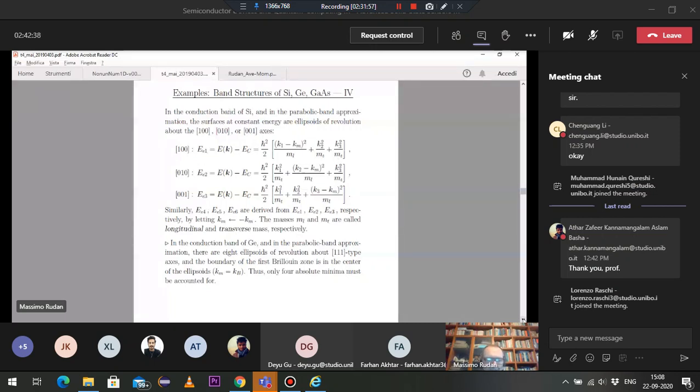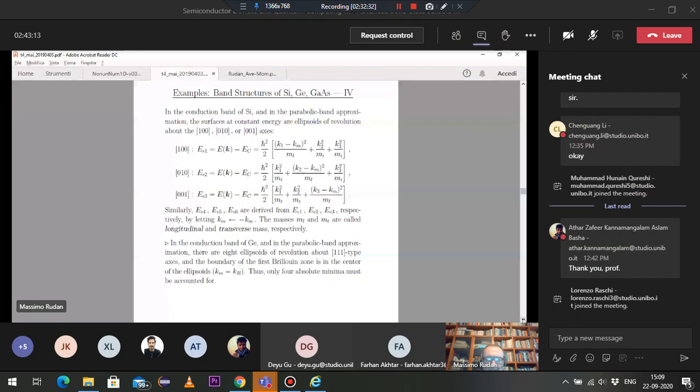You remember that the value of the minimum was called with the general symbol E sub A, but now we know that we are in the conduction band of silicon. All minima are equal to EC. So in the formula, we are using EC. So if we number this minimum with 1, we have that the kinetic energy E sub 1 is the branch minus the minimum EC.